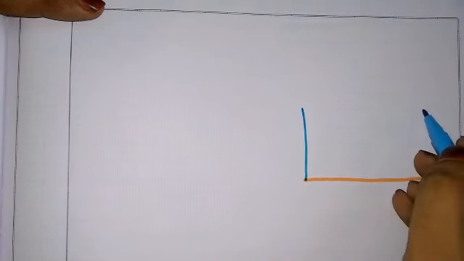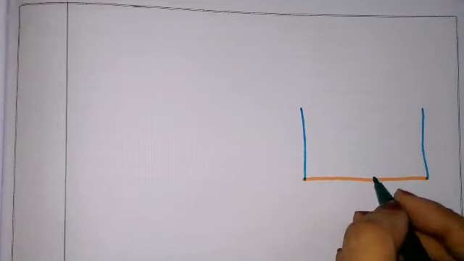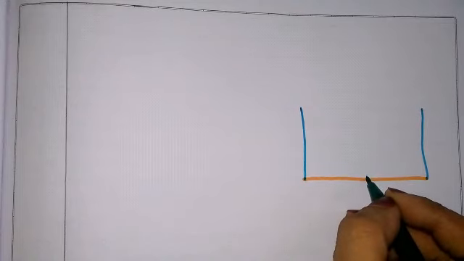Okay, so let us draw first two poles. This is the base. And let us draw the two equal poles. What they have told: a point between them in the road.